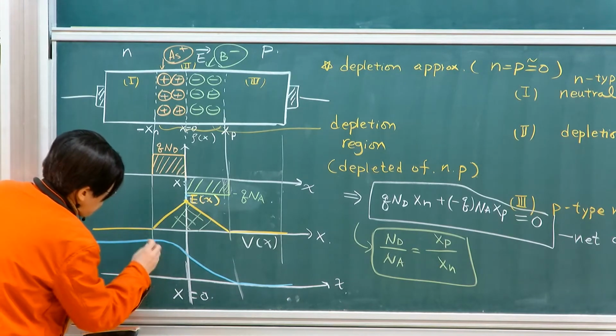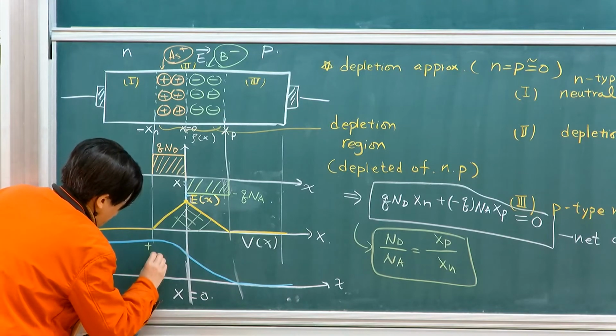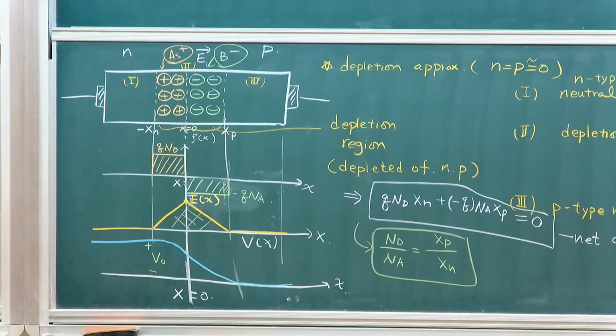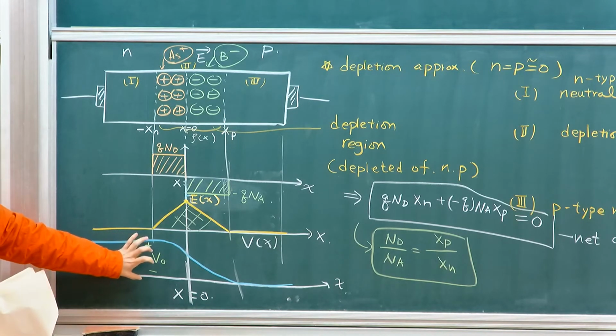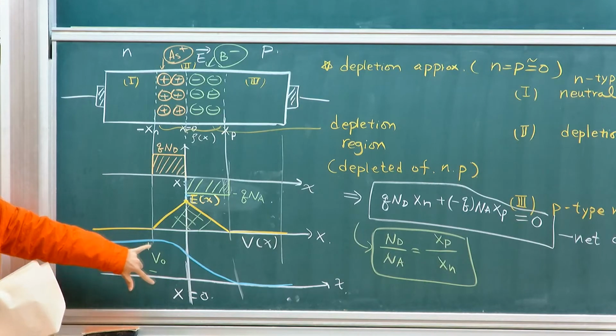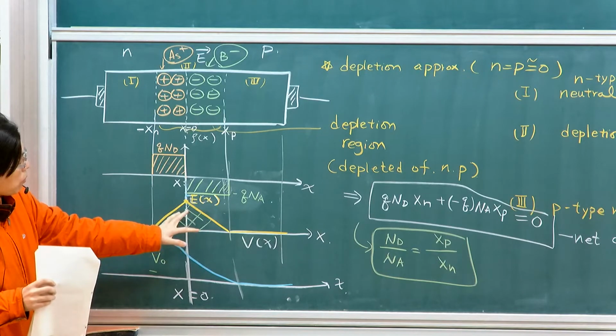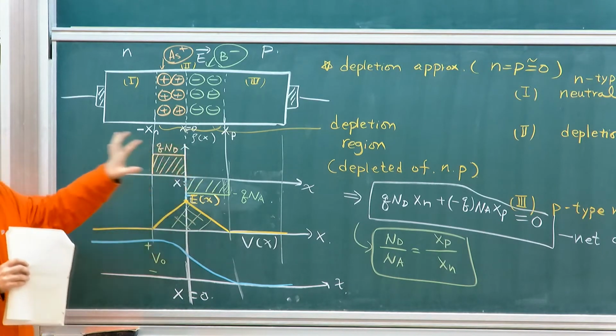So the height difference between the two is our built-in potential. We're going to get to how you find this level, but you will see that there will be a built-in potential that's being built by integrating the electric field created by the depletion region.